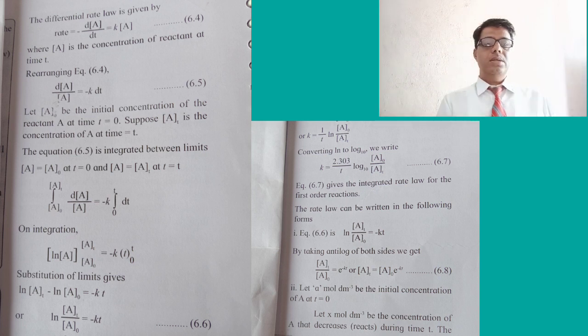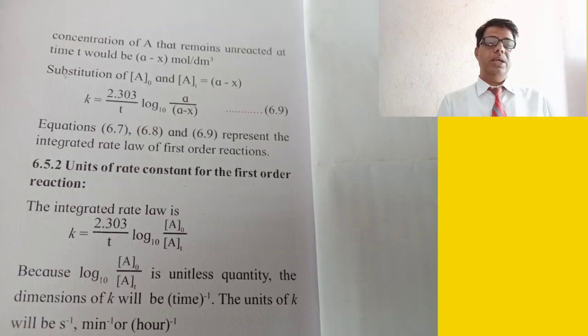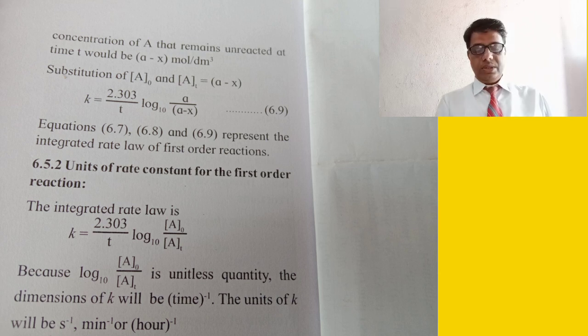Now substituting the values of A_0 and A_t, where A_0 is a and A_t is equal to a minus x, in the given equation, the equation becomes k is equal to 2.303 upon t log to the base 10, concentration of A as we considered is small a, and the concentration of A that remains unreacted at time t is a minus x.